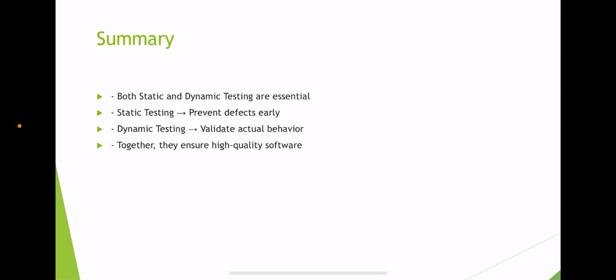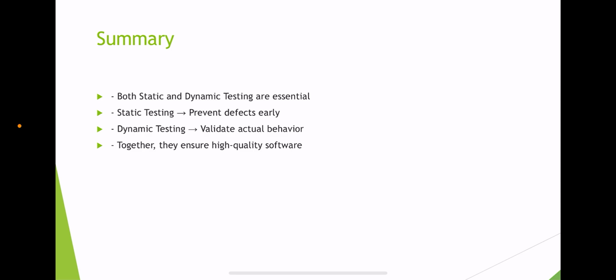In this overall lecture, our summary is that both static and dynamic testing are essential. Static testing is related to the prevention of defects, in the early stage of the software development life cycle, whereas dynamic testing is the detection of defects after development of the code.